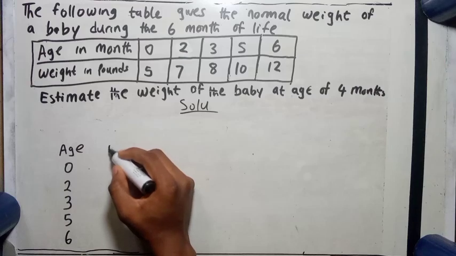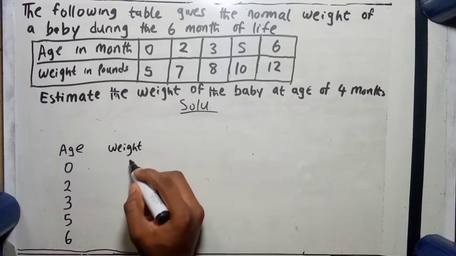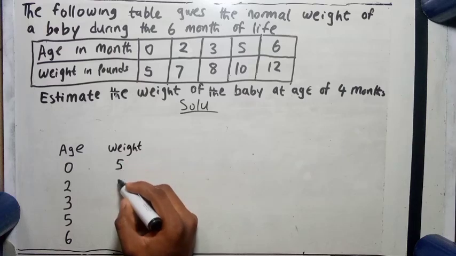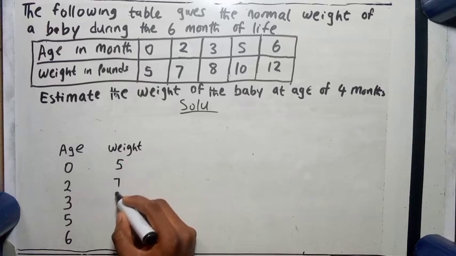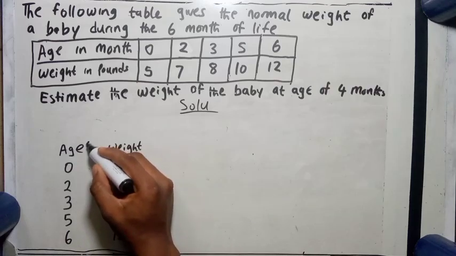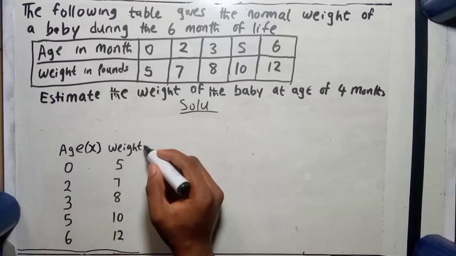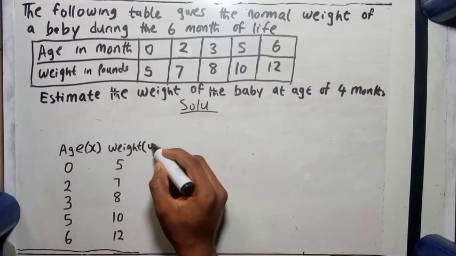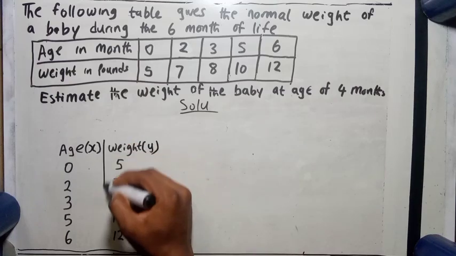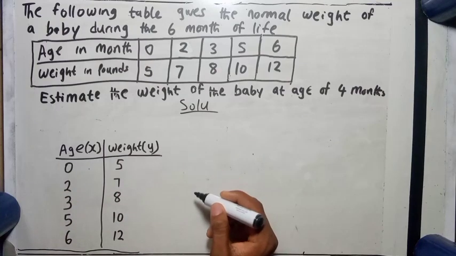For our weights, we are having 5, 7, 8, 10, and 12. Now our age, if you agree with me, can serve as our x and our weight as our y.